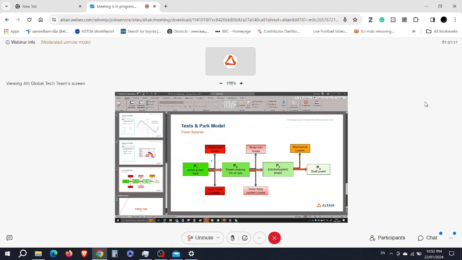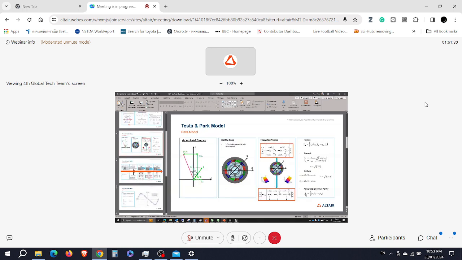Okay, so as I told you, the Park model, we are not including iron losses on the rotor, nor the joule losses on the rotor. So if we are going to make a power balance, it's possible through this Park model, because we have the possibility to compute the absorbed power.